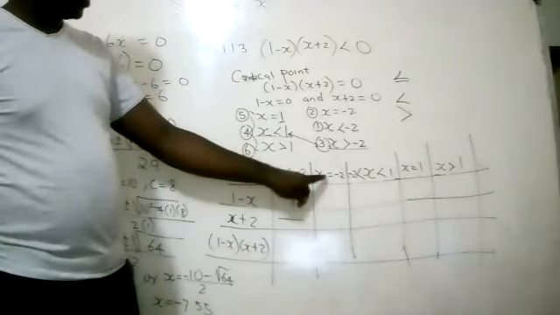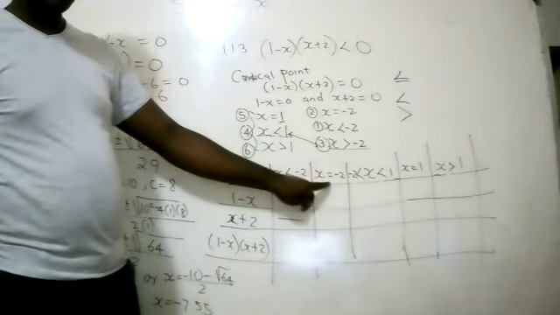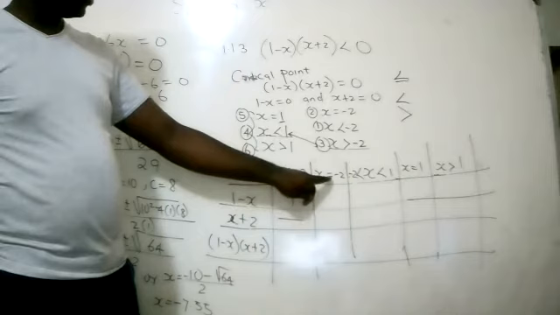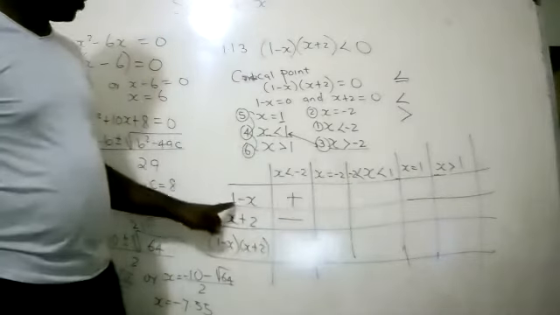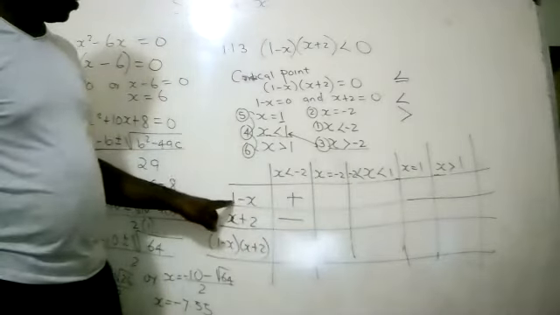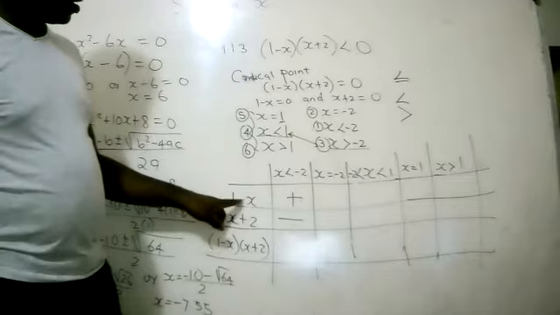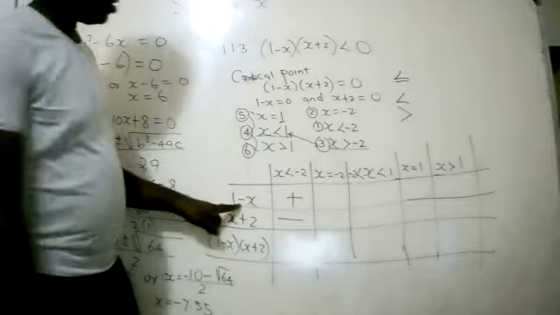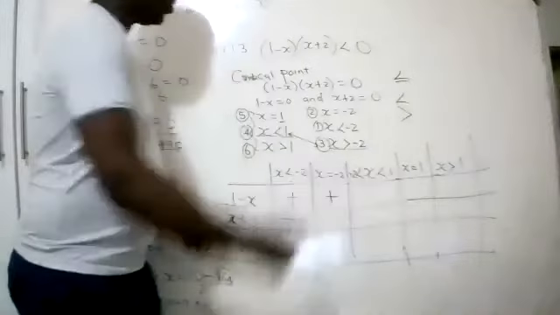So we substitute x equal to -2, it's an equal sign here, so we substitute this as it is. When we substitute -2, we'll have 1 minus -2, which is +3, so we're going to have a positive.